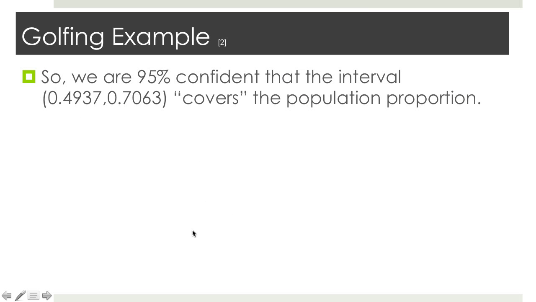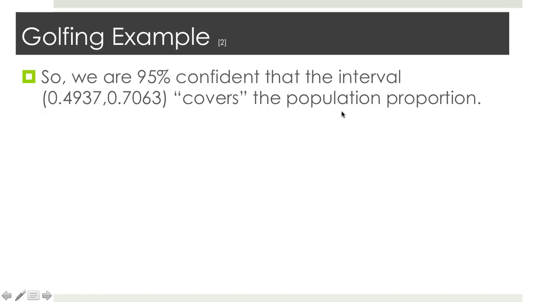And just as before, let's go ahead and interpret what this means. We are 95% confident that the interval 0.4937 to 0.7063 covers the true population proportion, which is fixed.